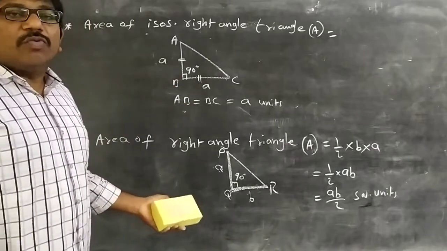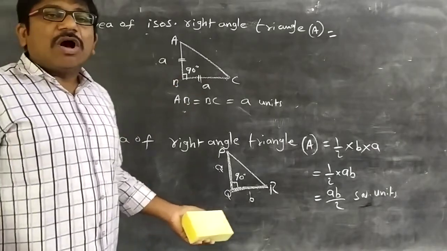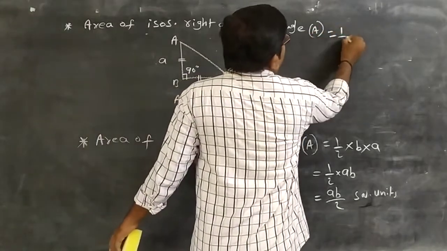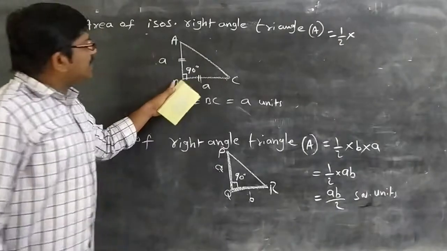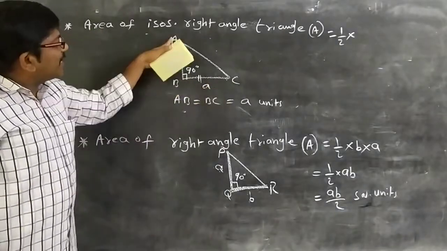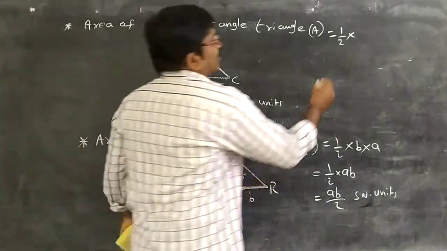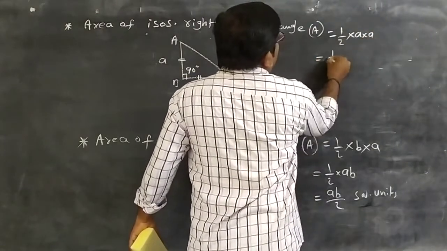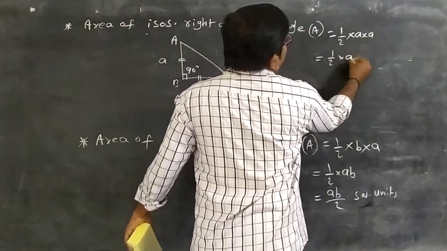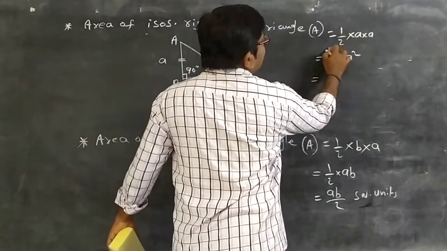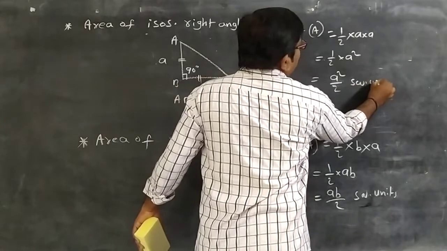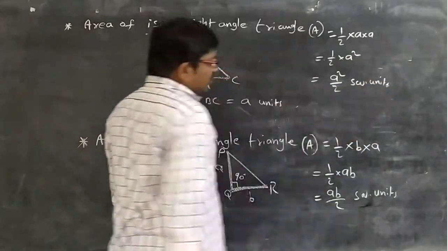As usual, we know very well the area of a triangle is half into base into height, which is equal to half into, here the base is A and the height is A, A into A. That is equal to half into A square. It can be written as A square by 2 square units, right?